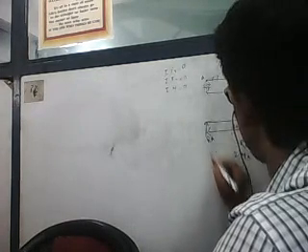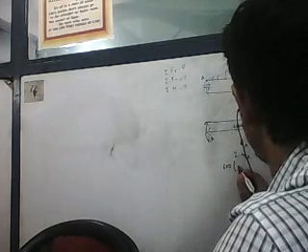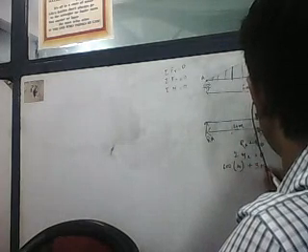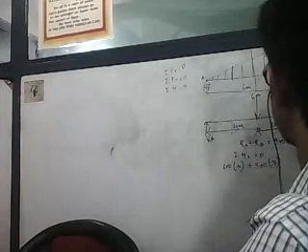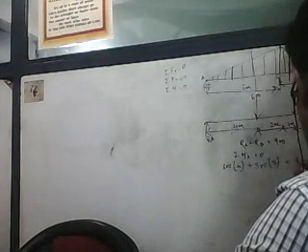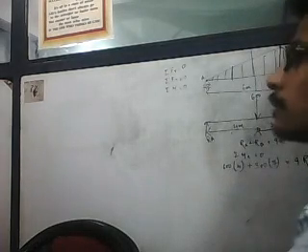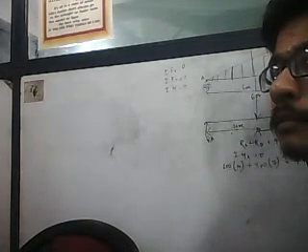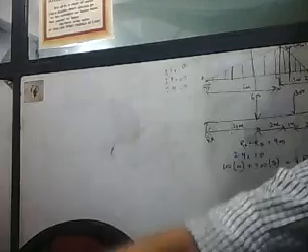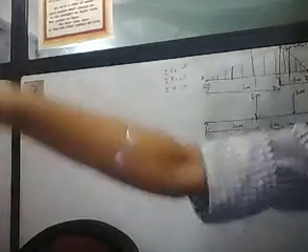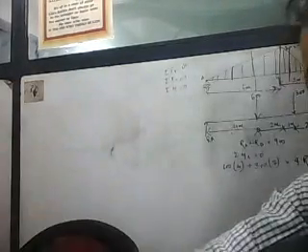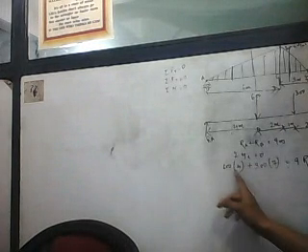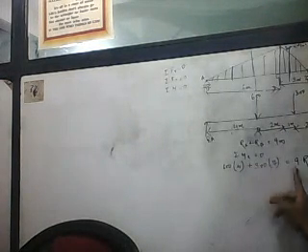RA into 0, 600 into 4 plus 300 into 7, clear? Equal to 9 into RB. So 600 into 4, 300 into 7 equal to 9 RB.